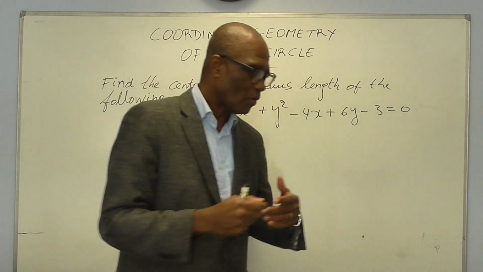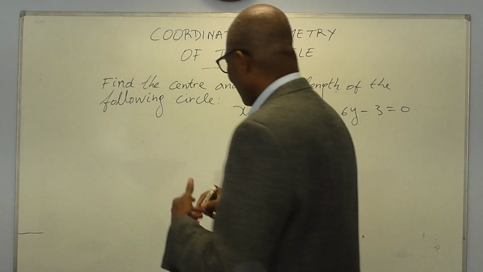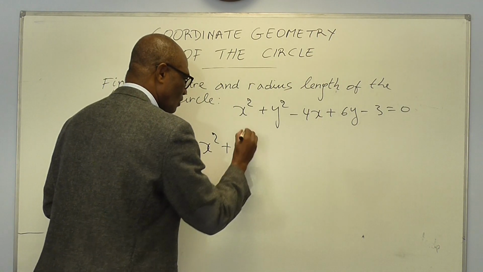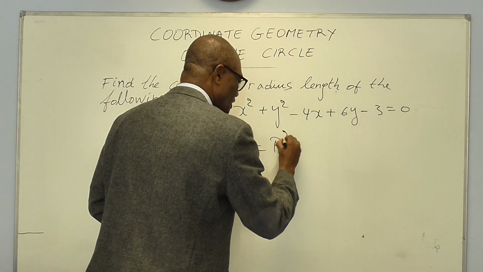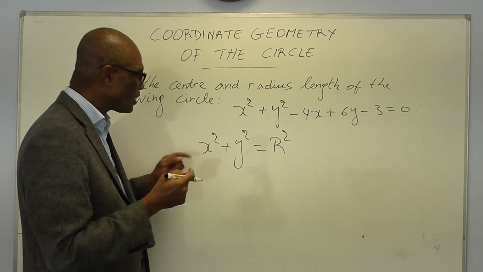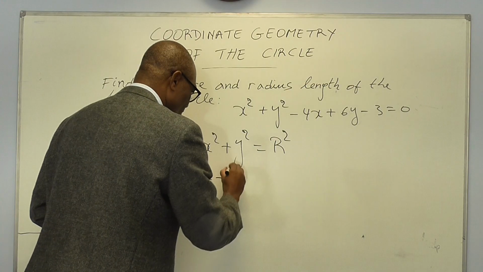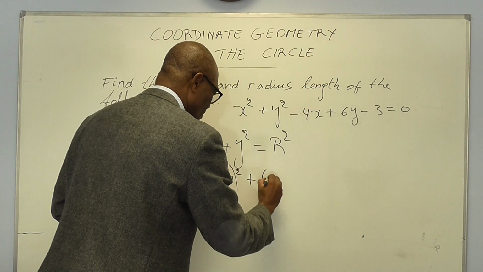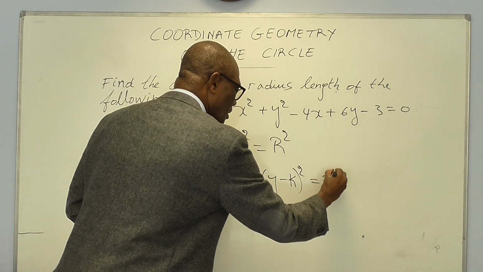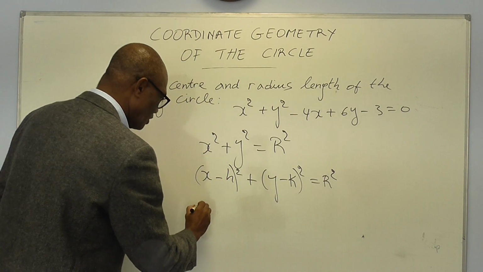Remember, we have already said that apart from this form of the equation of the circle, the equation of a circle can be written also in that way, and also in another way.